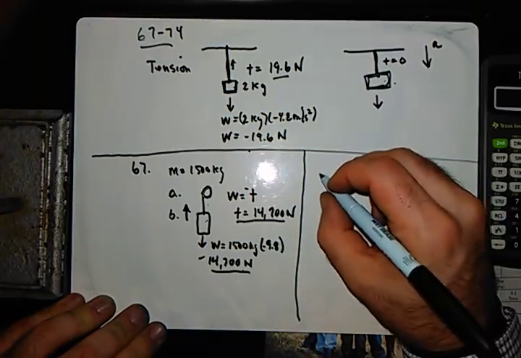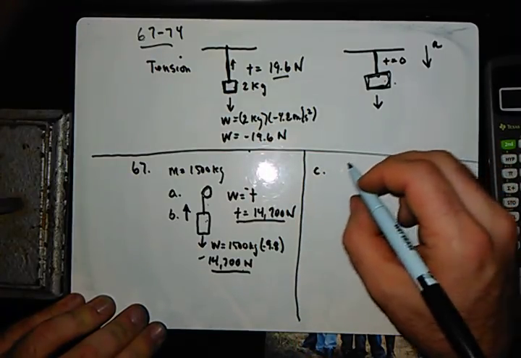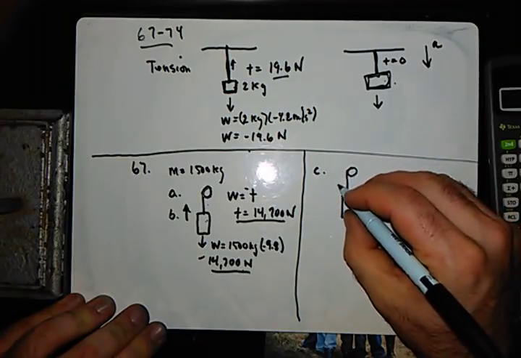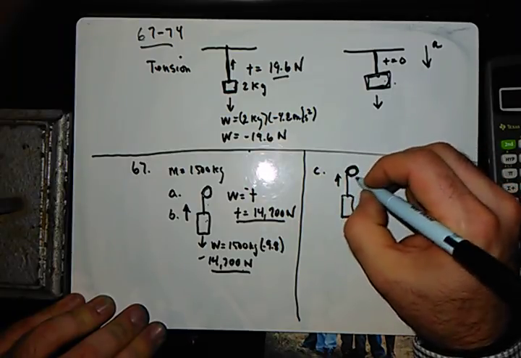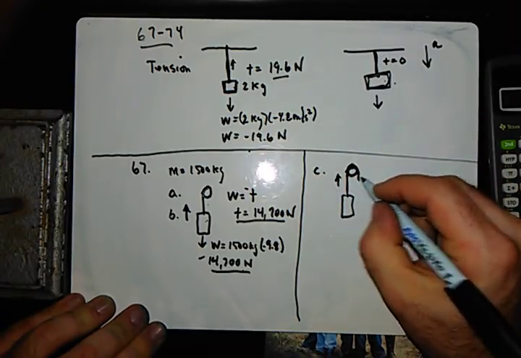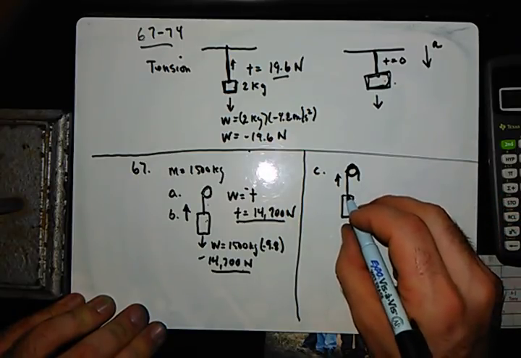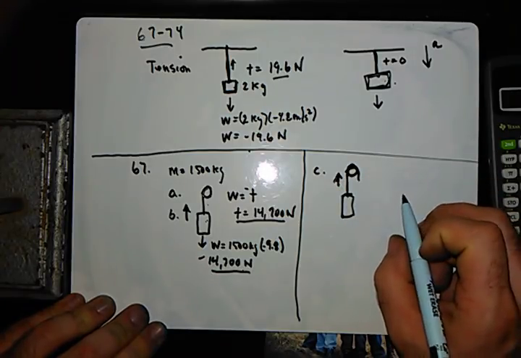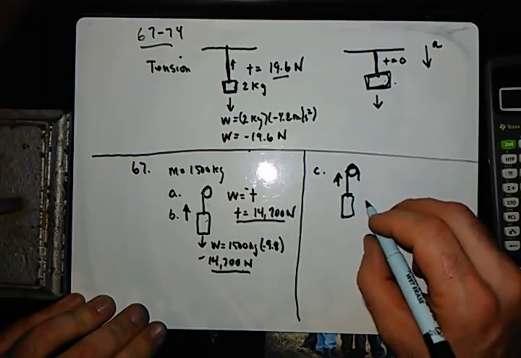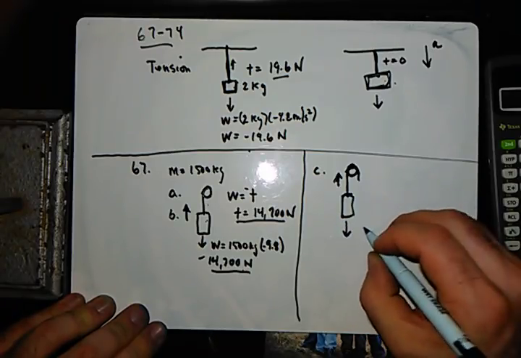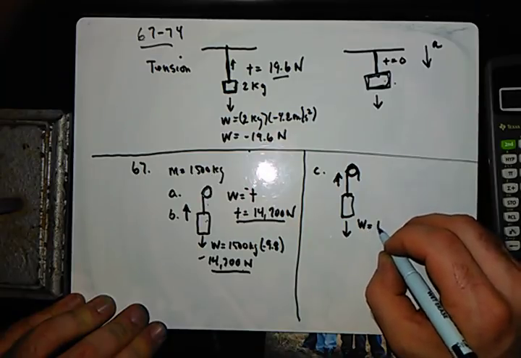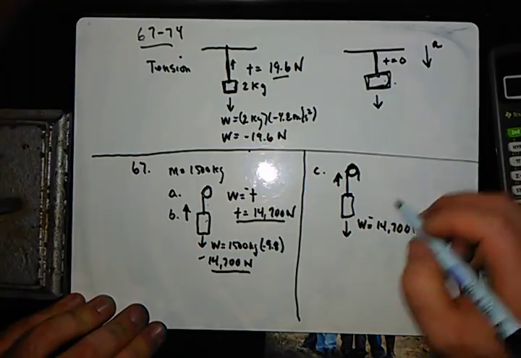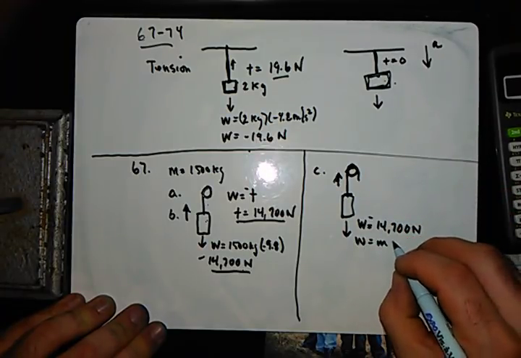Now, part C says that the elevator, let's draw the elevator again, is accelerating upward. That means the velocity is changing upward. So now we've got a situation where the tension pulling up is increased. The weight is 14,700 newtons. We know that weight is mass times gravity.